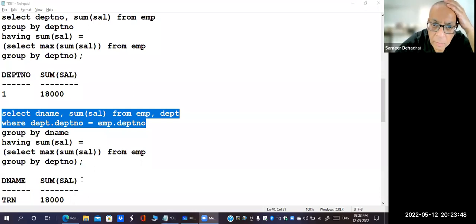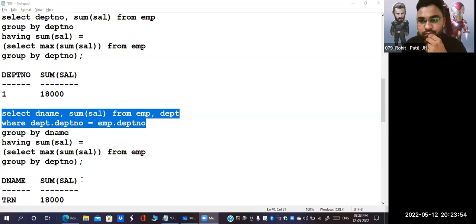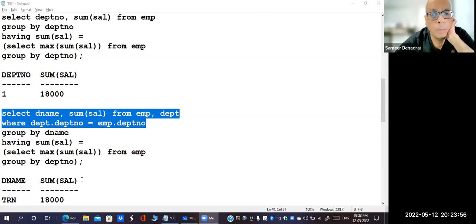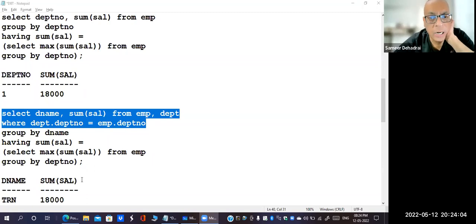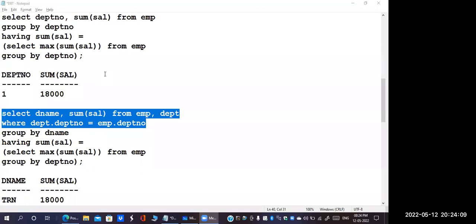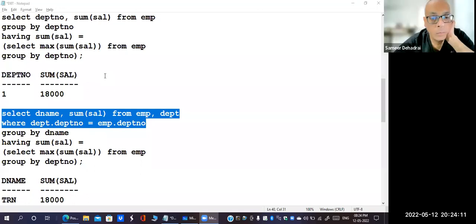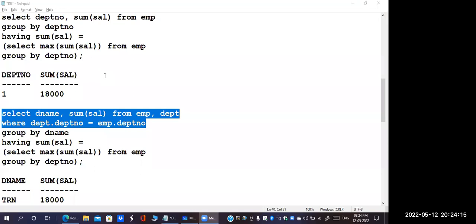Vipul Tembulwar is an employee of CDAC, is it? Yes, sir. I see. I didn't know that. Vipul, are you present right now? Are you an ex-student of CDAC Mumbai? Yes, sir. Which batch? 2016.